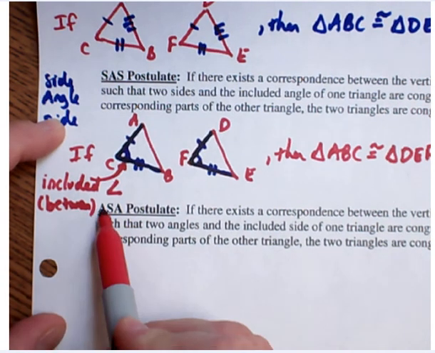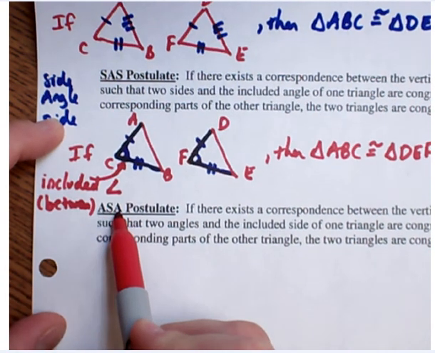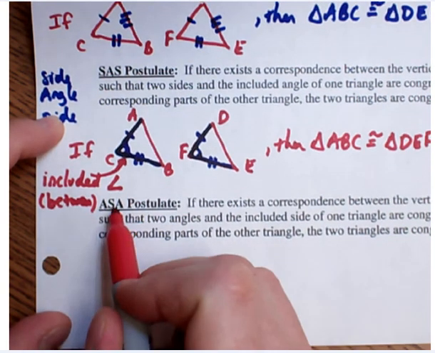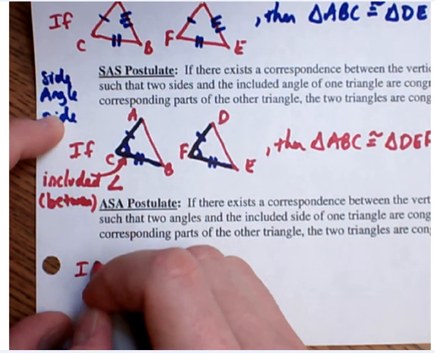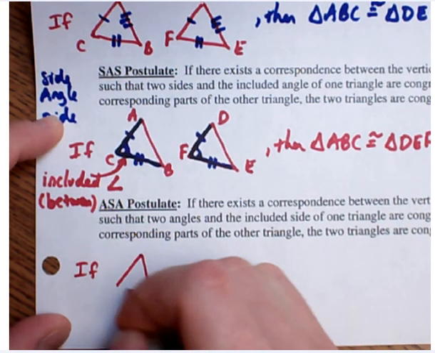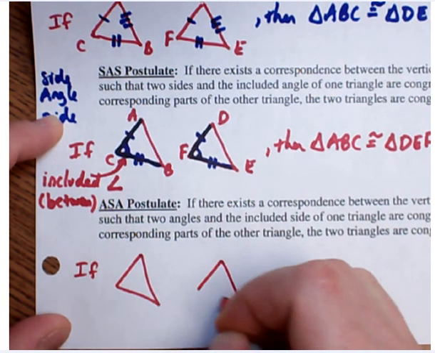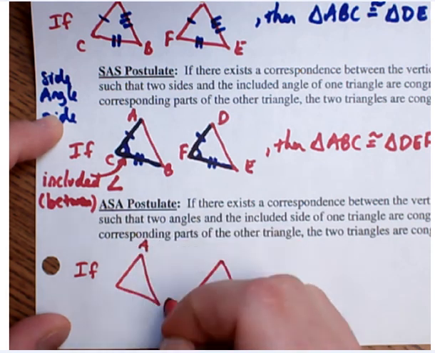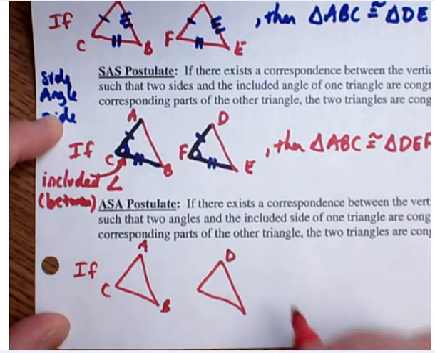Okay, now the third one that we'll look at here is called ASA. Well, A, angle, S, side, A, angle. Notice the S is between the two A's. So the picture, let's think about this here. If, let's draw our two triangles again. So ABC and DEF.